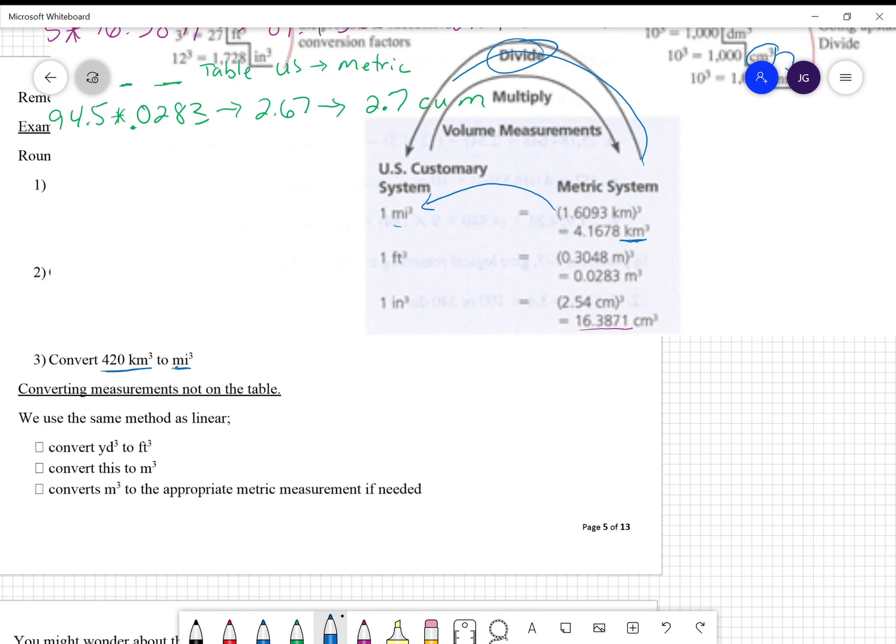So this is going to be 420 divided by 4.1678. That's 100.77, which rounds to 100.8 cubic miles. Okay, we're going to stop this tape here and we'll continue with the lesson in the next tape.